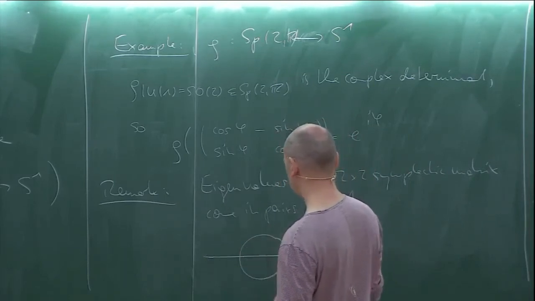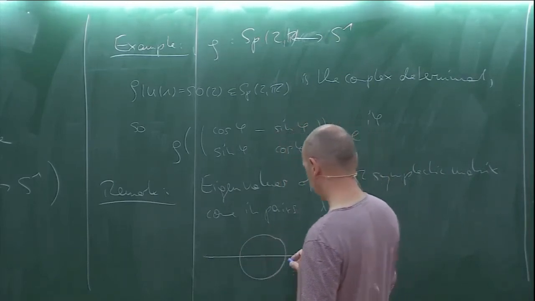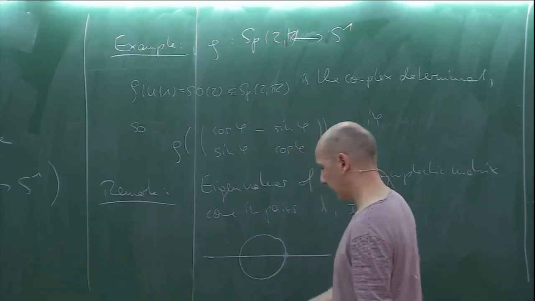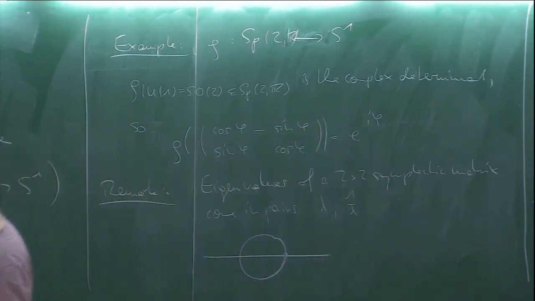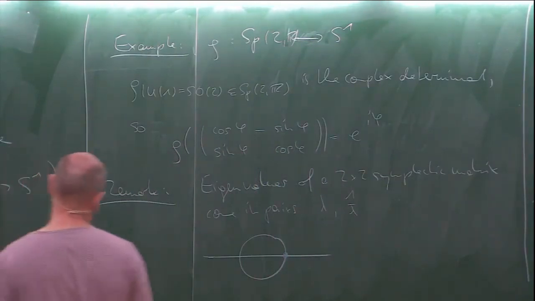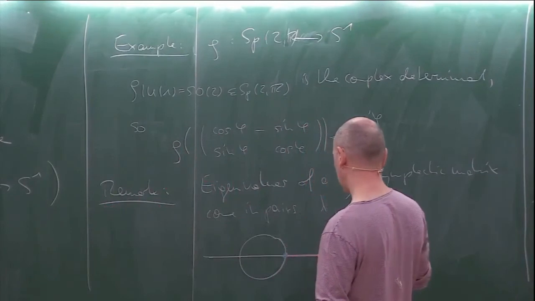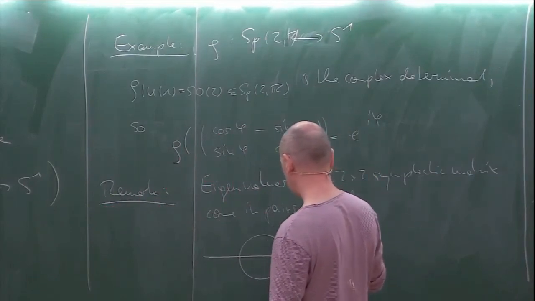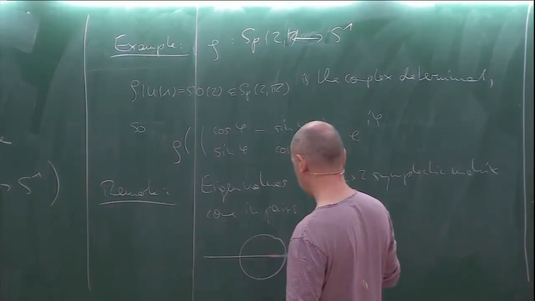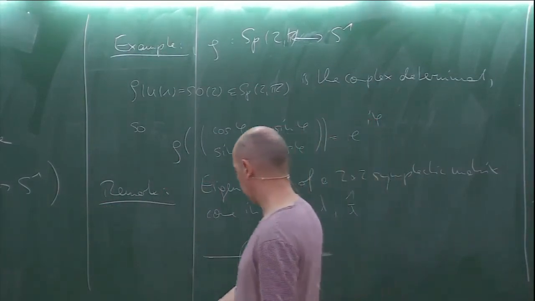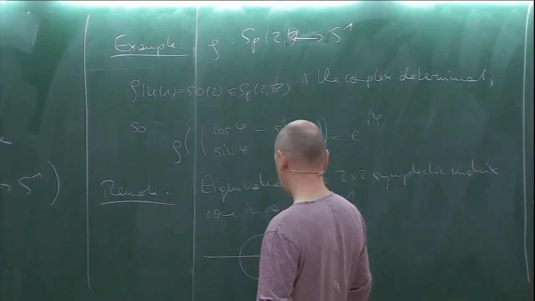So basically, if I have my unit circle, and here's 1, then my SP2 star basically has two components. One where the eigenvalues are both positive and real, one bigger than 1, one smaller than 1. And here's 0, 0 doesn't appear.